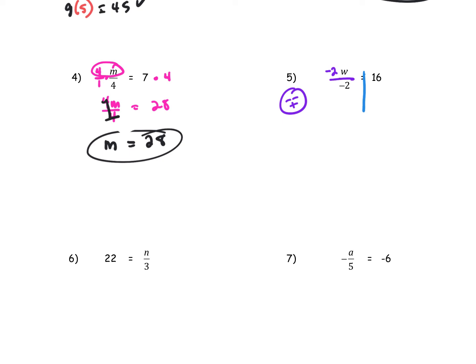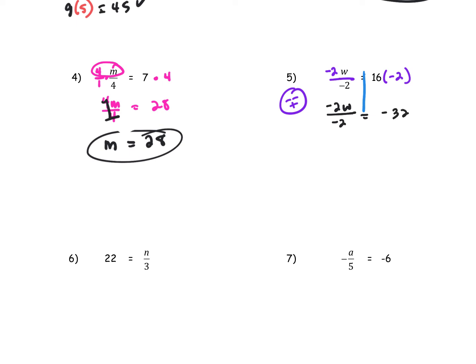Whatever I do on the one side, I have to do on the other side, so these should be matching. I'm multiplying by negative 2, I'm multiplying by negative 2. If it helps you to write this out so it looks clear that you have negative 2w divided by negative 2, then you're certainly welcome to do that.